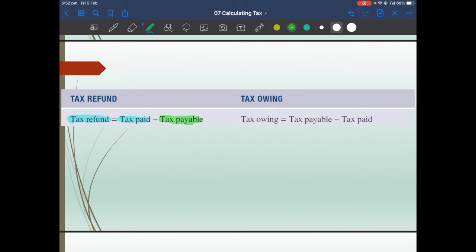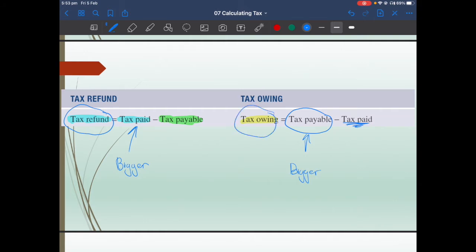So if this one is bigger, you're going to be ending up with a tax refund. If you haven't paid enough tax for the year, so your tax payable is bigger than the tax that you have paid over the year, you actually are going to have some tax owing. You're going to have a bill.